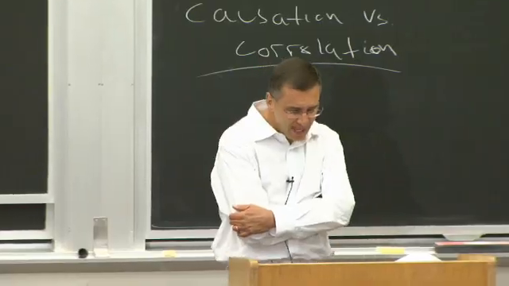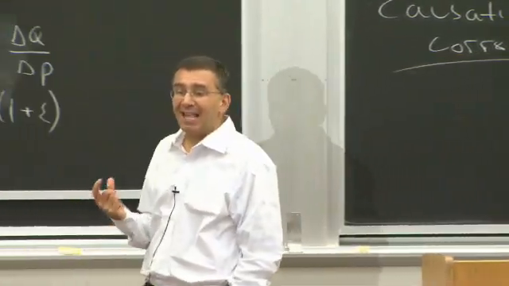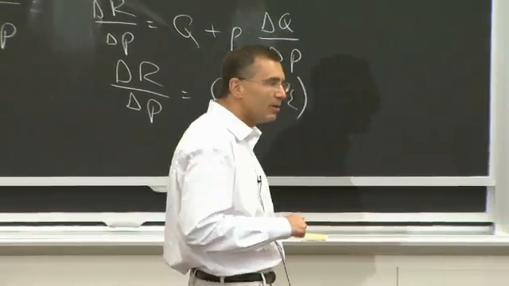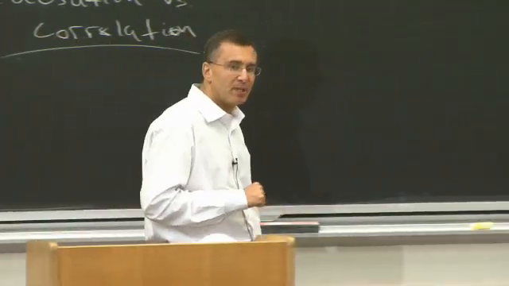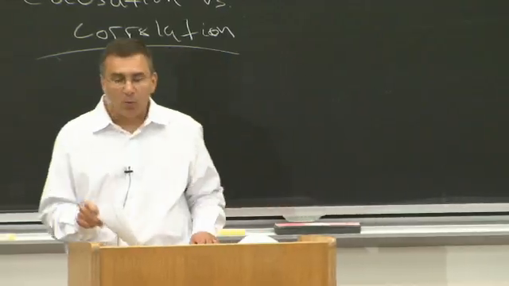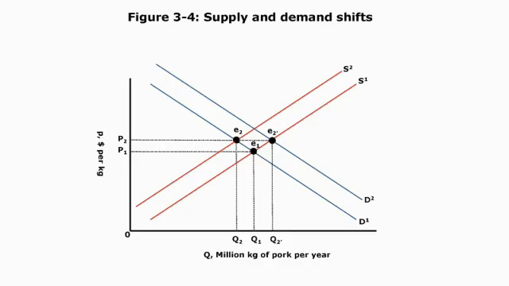So to understand that, let's think about the issue of trying to estimate the elasticity of demand for pork. Let's say you have the exciting job of estimating the elasticity of demand for pork. That's your assignment. Well, you say, well, wait a second. What we learned in class, as shown in figure 3.4, is that the price of pork can rise for very different reasons.